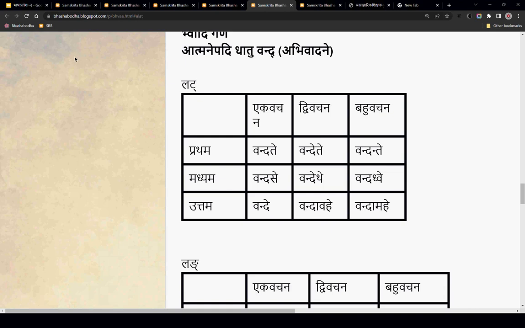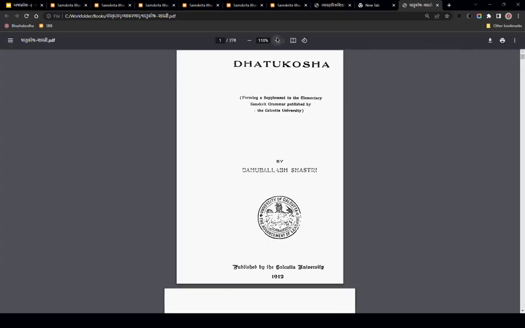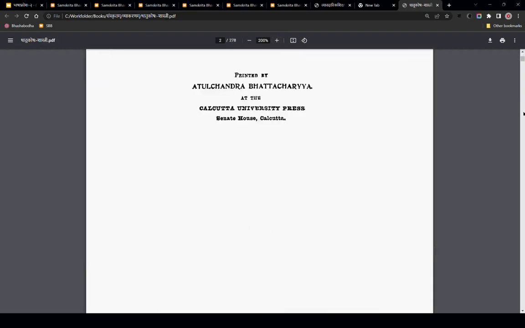If you open any dhatu manjari or dhatu kosha, let me see if I can open one here.